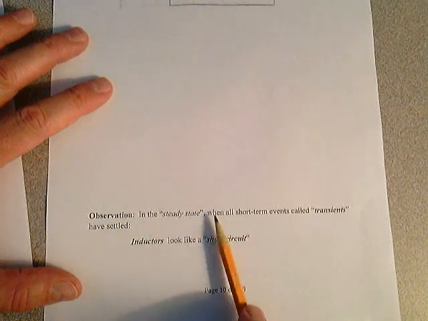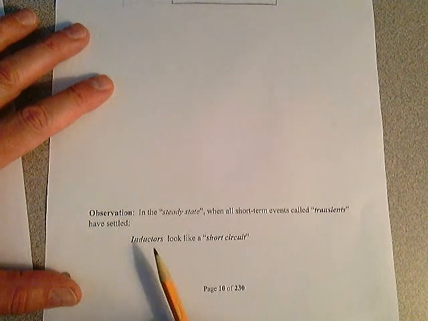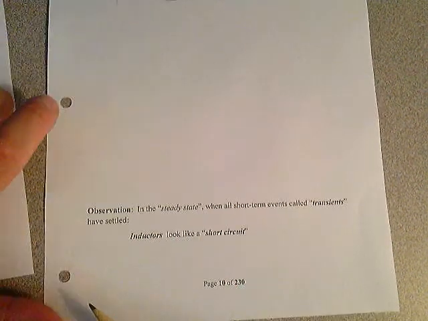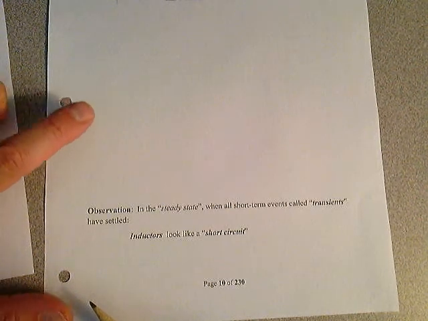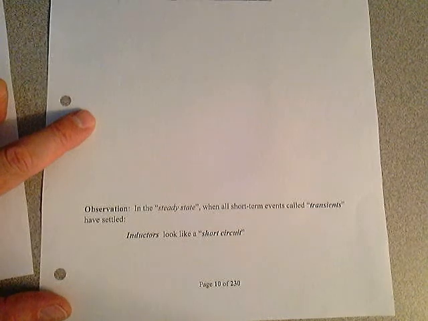In the steady state, when all short-term events called transients have settled, inductors look like a short circuit. Not an open circuit like capacitors do. Inductors look like a short circuit.